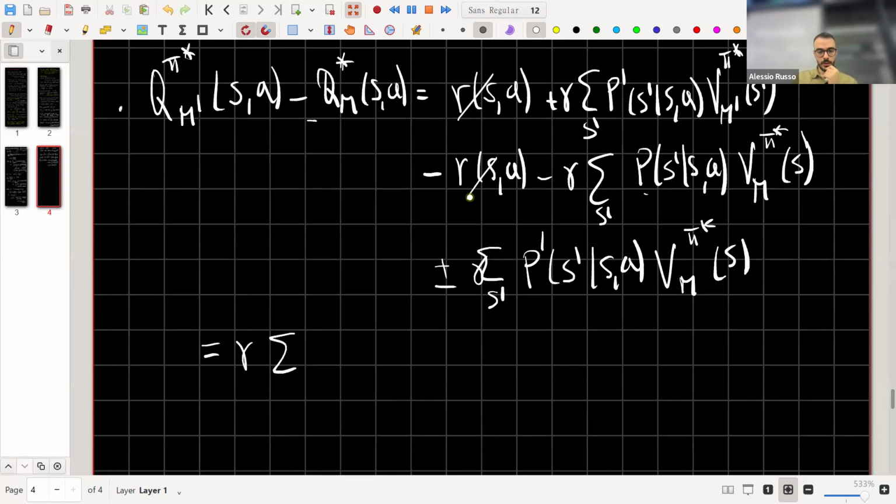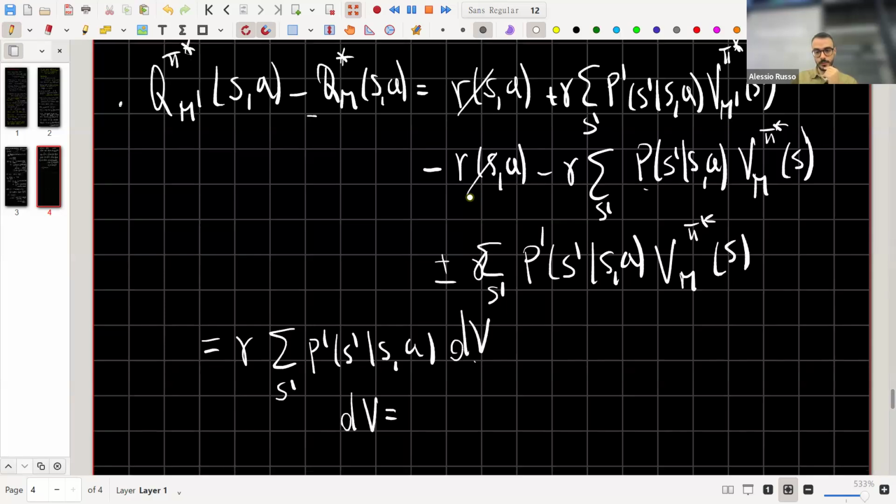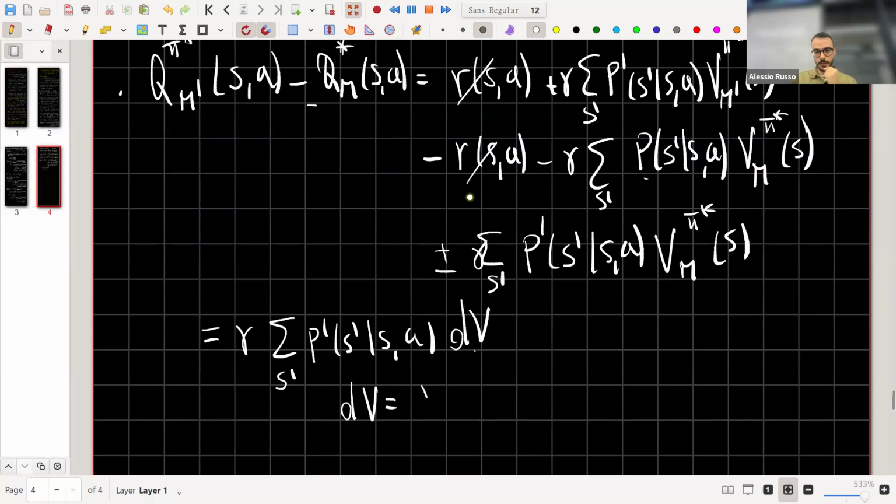So we get gamma sum over S prime, P prime of S prime given S, A, times delta V, let's write it as dV, where dV is simply V M prime pi star minus V M pi star.